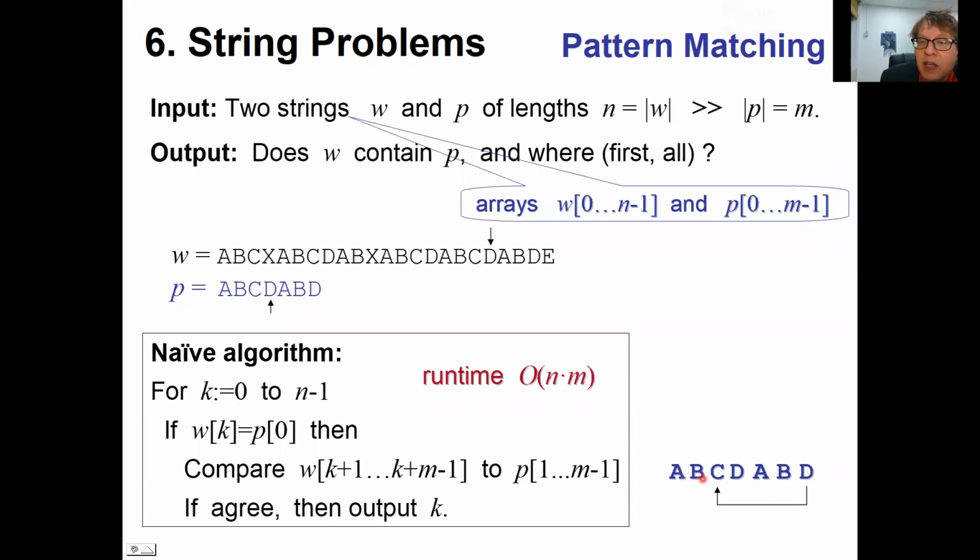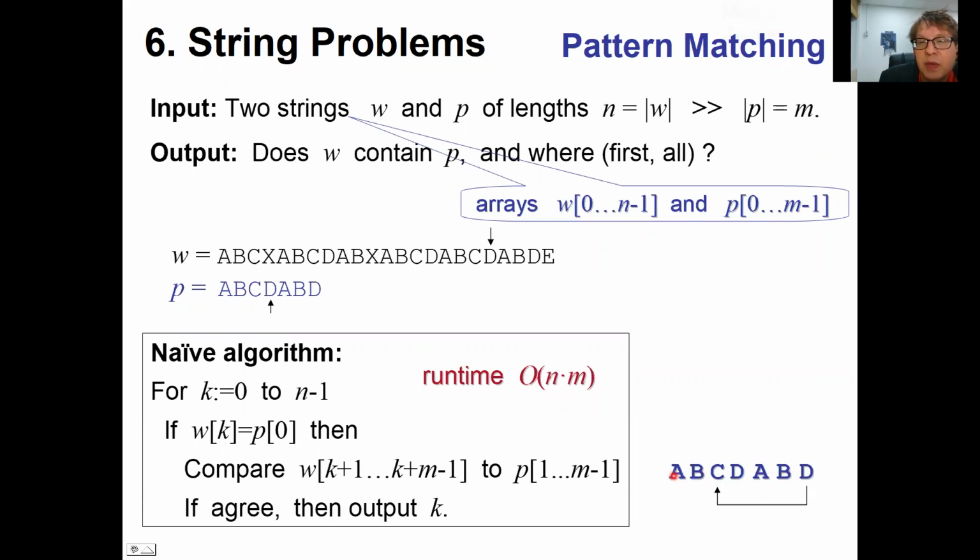So this is a pattern, and if A and B have occurred, and then we see C and D also match, and then there's another match A and B. And now if there's a disagreement here, which recall is exactly what happens in this example, then we already know that AB occurs also in the search string, right? So let me say that again. This is our pattern string. The substring AB occurs twice here.